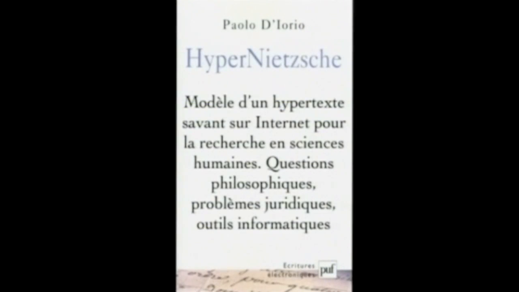So the subtitle of my book was Model of an Internet-based scholarly hypertext for humanities: philosophical question, legal framework, and computational tools. At that time, I thought about something like a Facebook or eBay for scholarship, not for chatting or buying, but for doing scholarship.